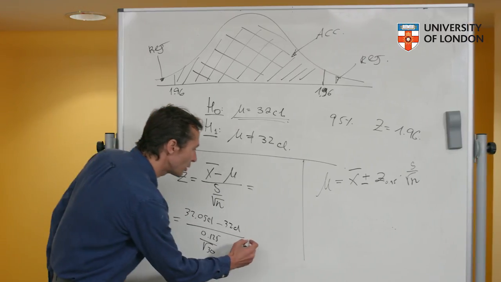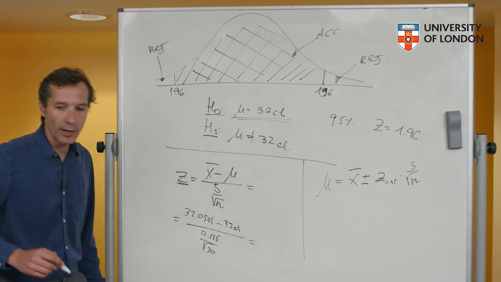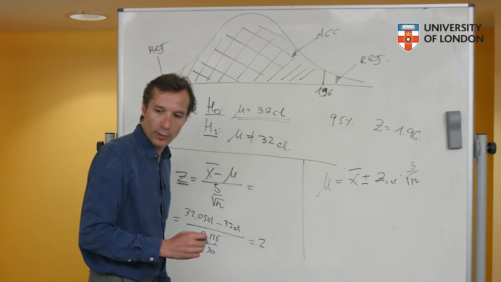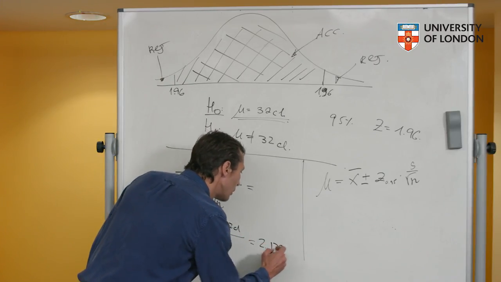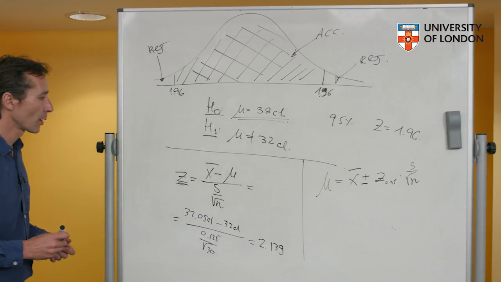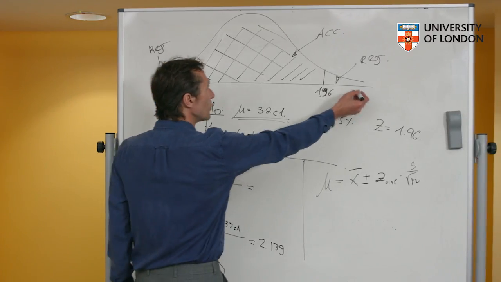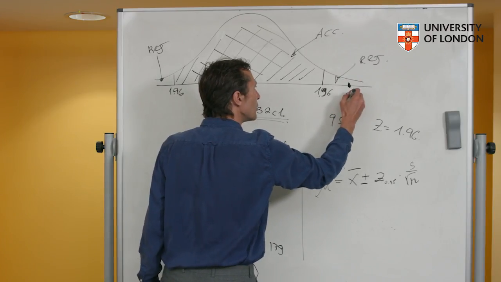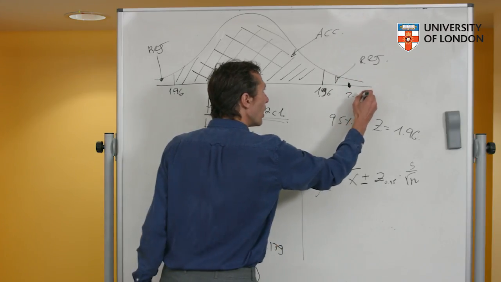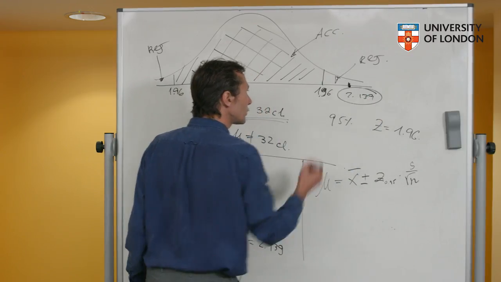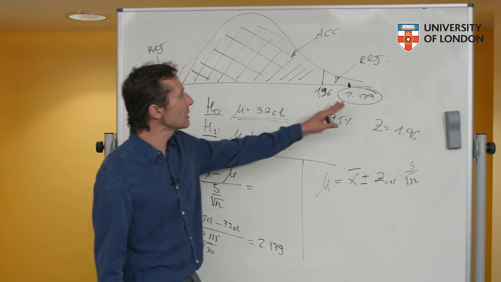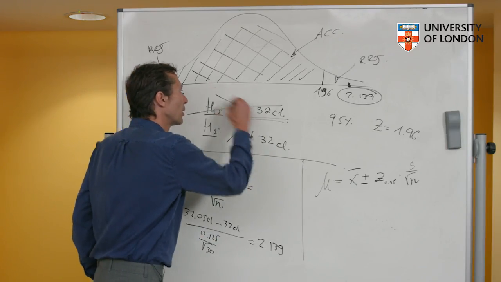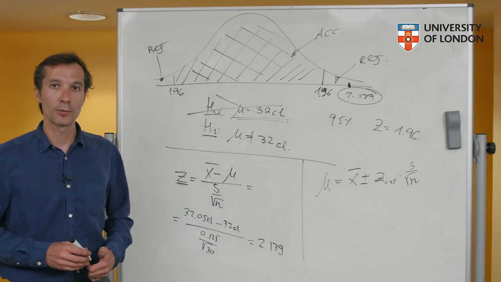If we do the calculation correctly, the z value we get is 2.139, which lies, if we take this distribution, in this region, 2.139. Because it is in the rejection area, we will have to say that our null hypothesis is rejected.